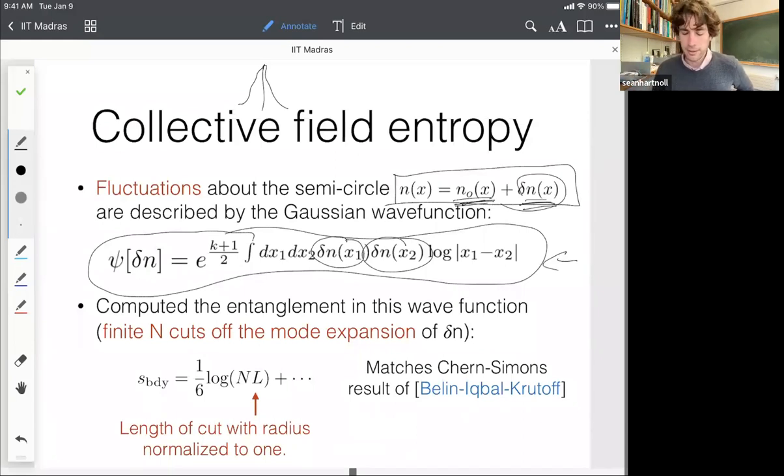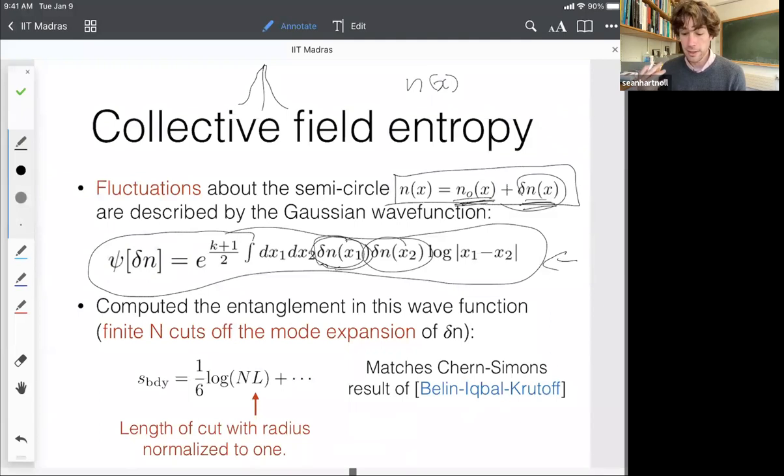And so we calculated the entanglement in this wave function, corresponding to splits. Of course, n of x is naturally split into x less than x naught and x bigger than x naught. And we got the entanglement, and it's finite, right? But this collective field sort of threw away the discreteness.